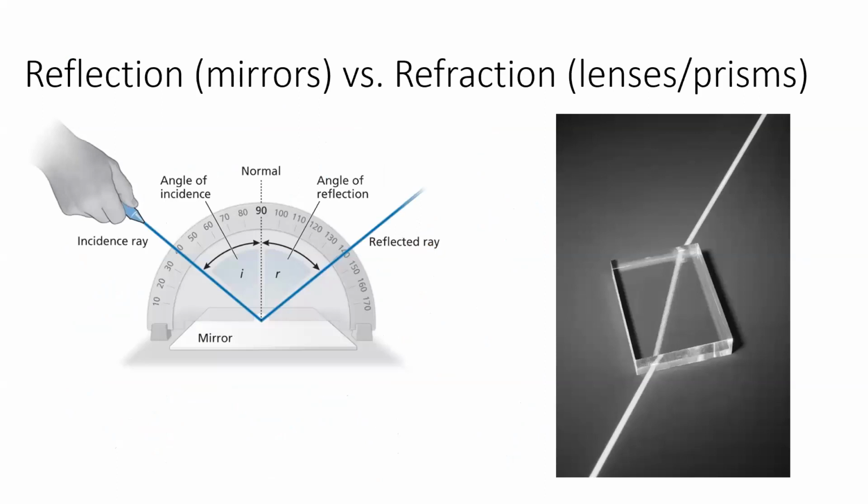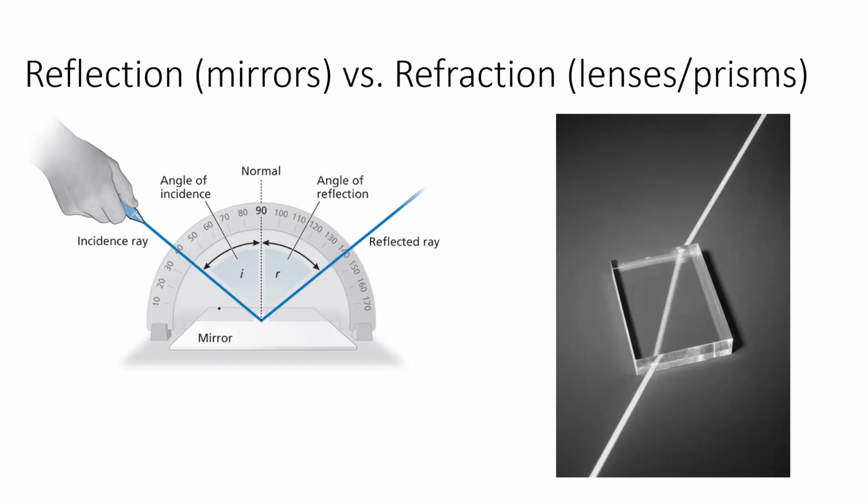So reflection versus refraction. And when we talk about this, we usually talk about mirrors versus lenses. Again, this is probably something that you talked about in physics, but we're going to use these terms a lot, especially in the first part of this class. And so I want to make sure that we're all on the same page.